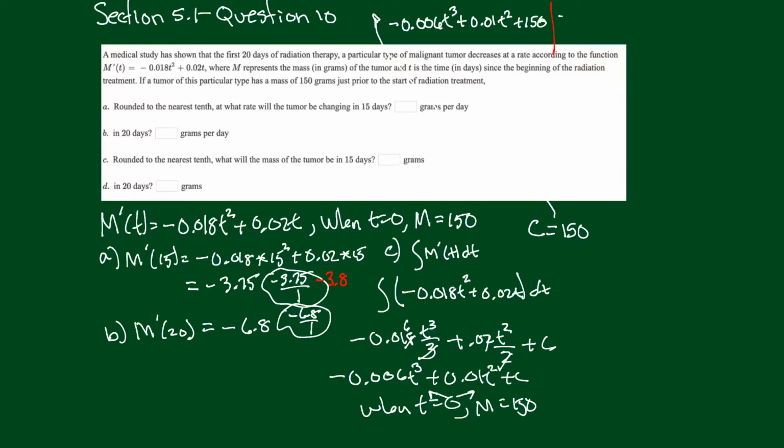This is going to be negative 0.006 times 15 cubed plus 0.01 times 15 squared. So I'm getting 132. All right, so now I'm just going to come down here where I got a little bit more room, and I'm going to say this. The mass of that tumor after 15 days of radiation is 132 grams.